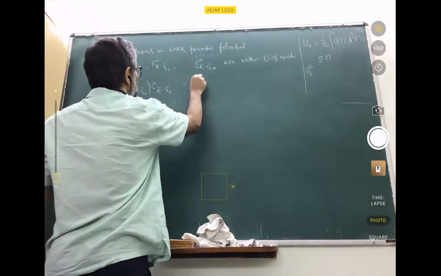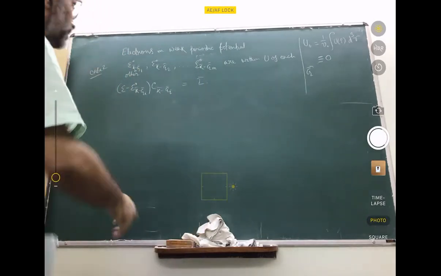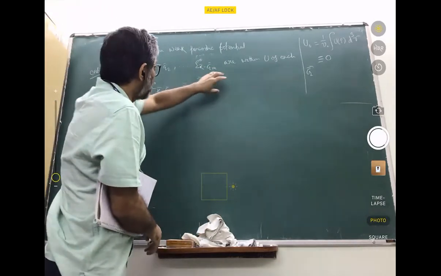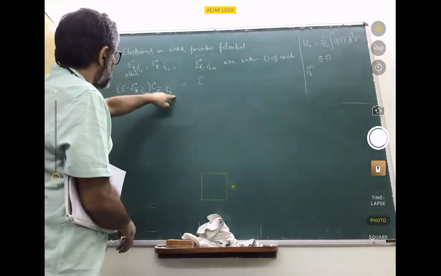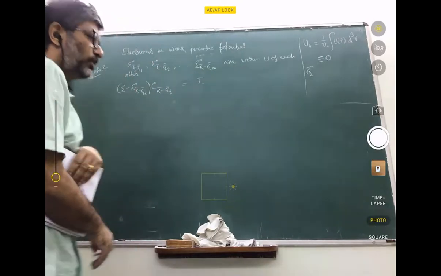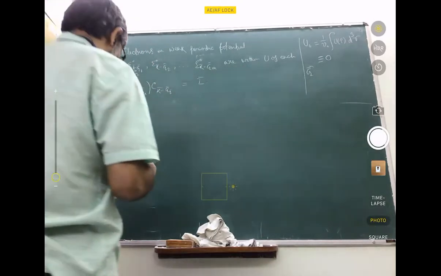And when I write this, I'll separate out two types of terms. One type of terms which will contain one of these indices, and the other terms which will not contain one of these indices.